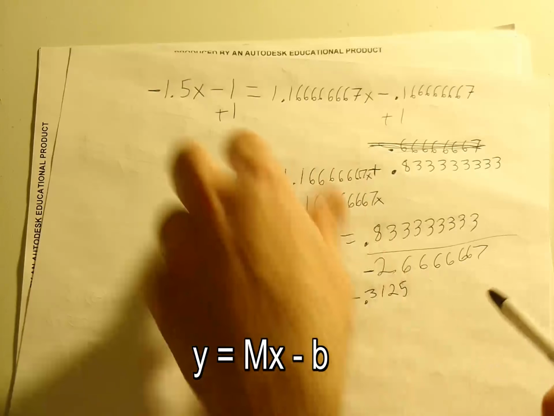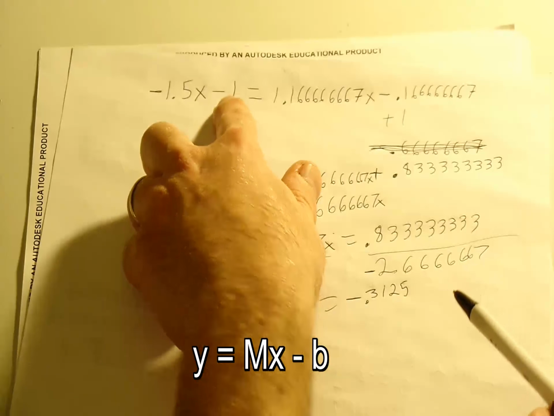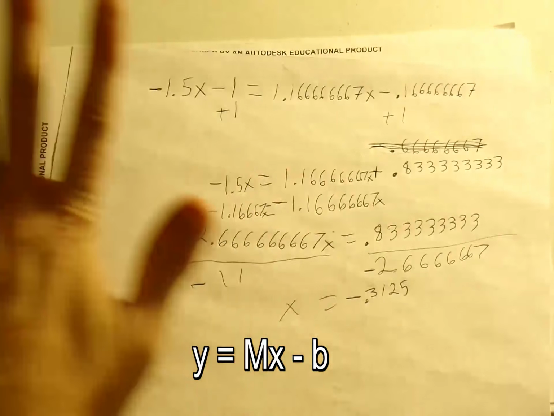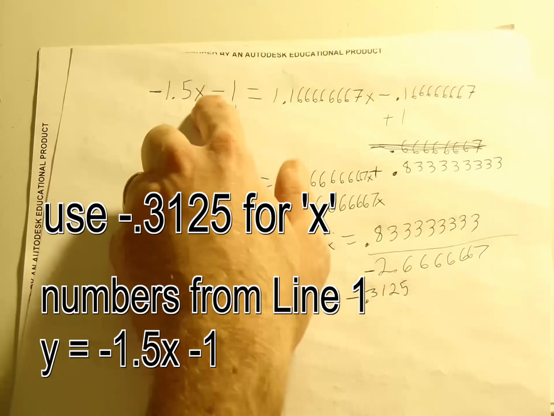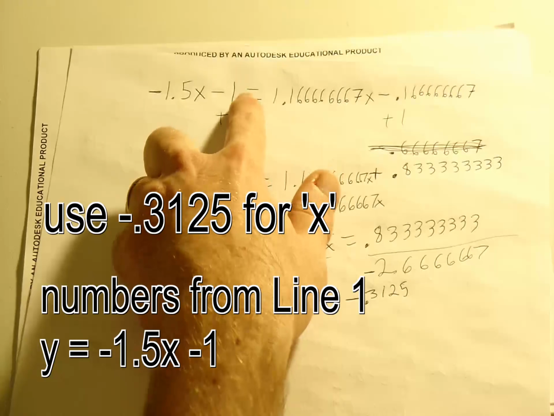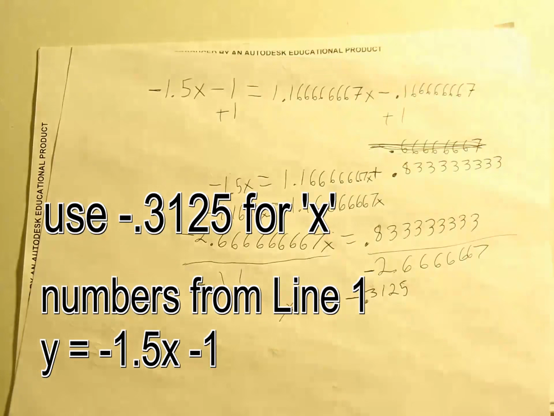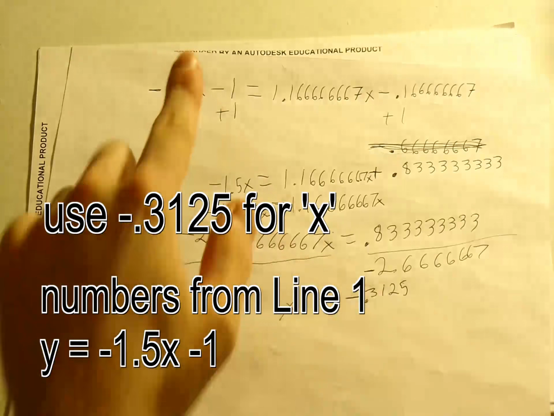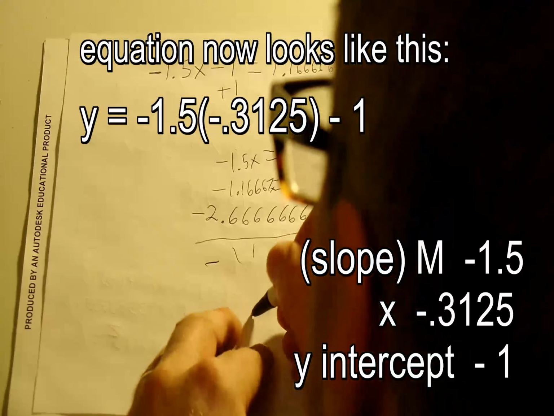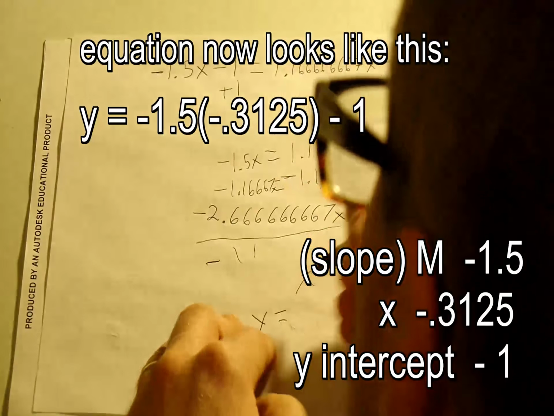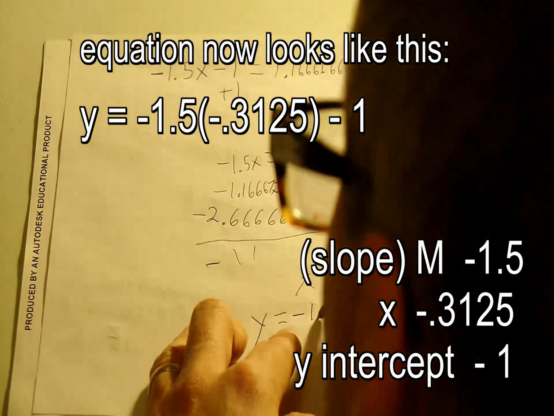So now we have the x. Take any one of those two equations. Let's take the easier one. Let's take line 1, which is negative 1.5 times x, which is negative 0.3125, and then minus 1. And just follow it through and you get the y number.